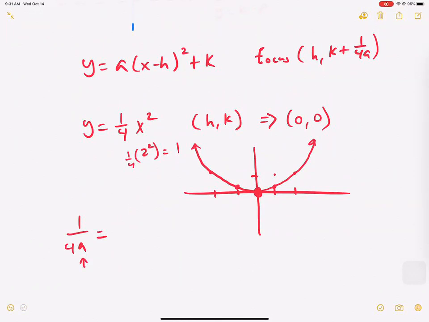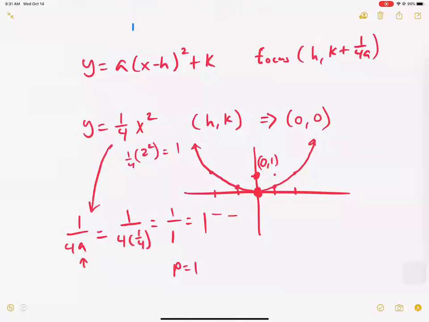We said a was 1/4. So we just plug it in. 1 over 4 times 1 over 4. That's equal to 1 over 1. So that value is going to be 1. So essentially that's, you can say, our p-value. So the focus is going to be at 0, 1.